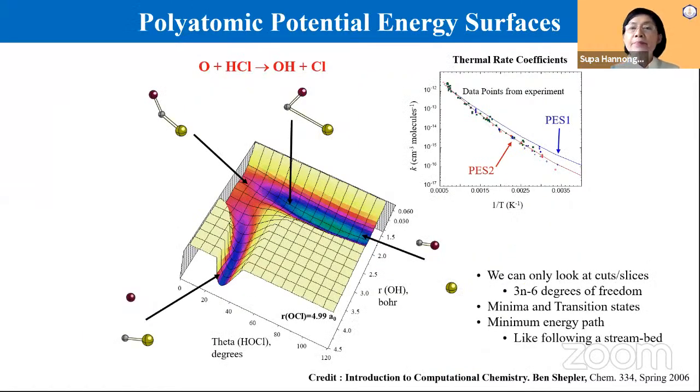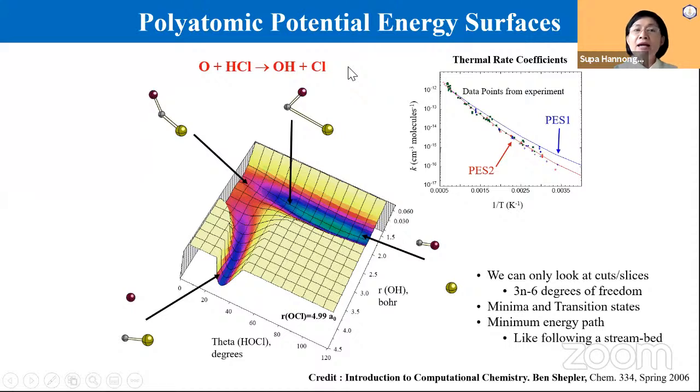Another application of the potential energy surface is when we consider polyatomic interactions. For example, in this case, we have atomic oxygen and hydrogen chloride. You can see that when the reaction occurs, it produces OH and atomic chlorine.